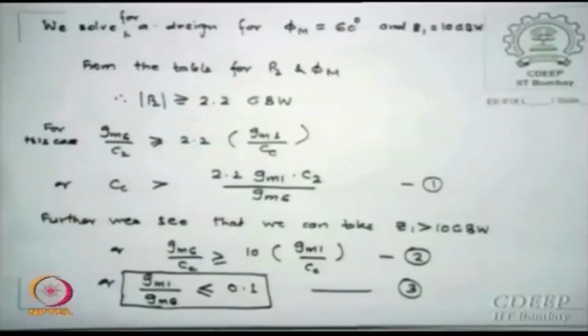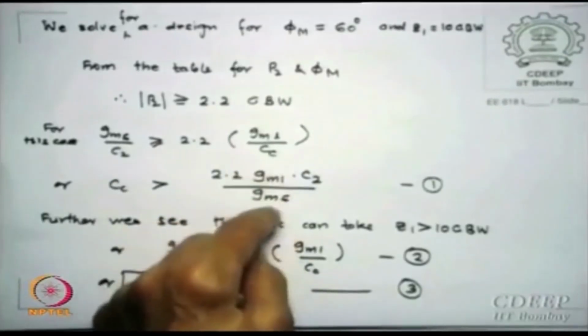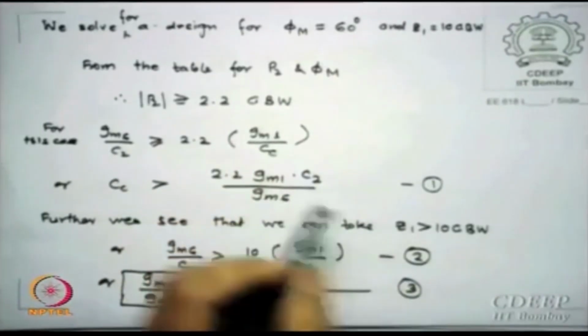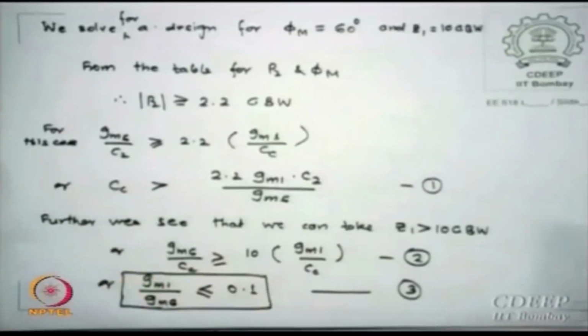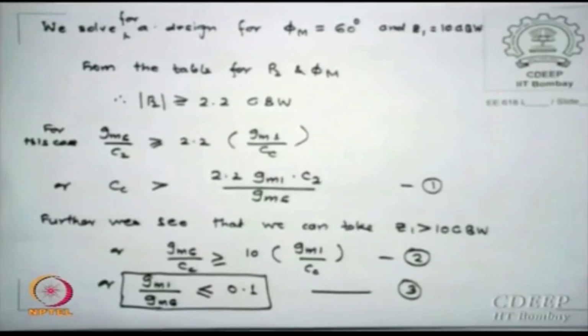C2 is given to me as 10 pF. If I can get the ratio of this and if I know this, I know what should be the minimum value of C2 I should hold. Is that okay? What I am looking for is the value of Cc which will give me 60 degree plus phase margin when I put the zero at 10 times the gain bandwidth.